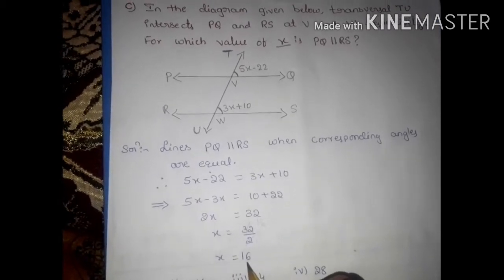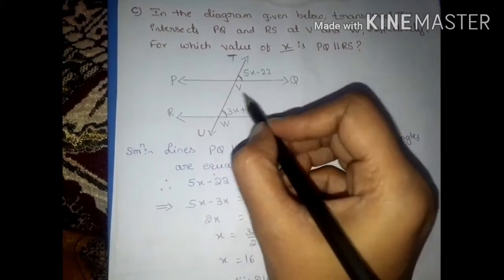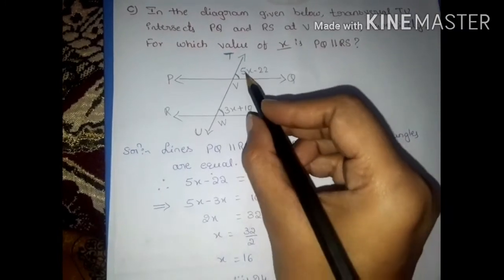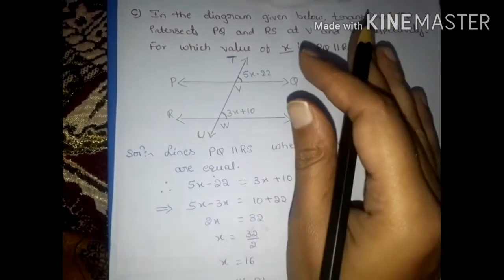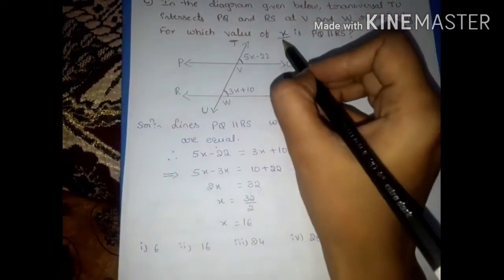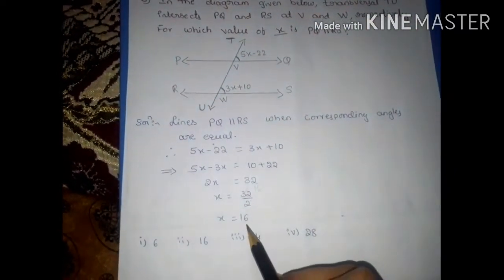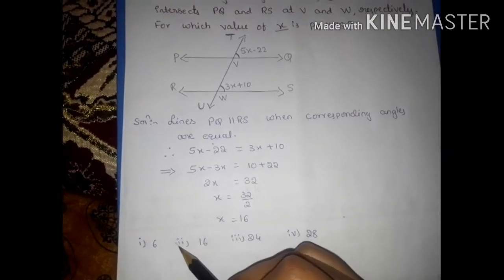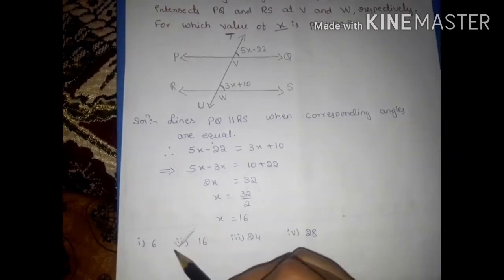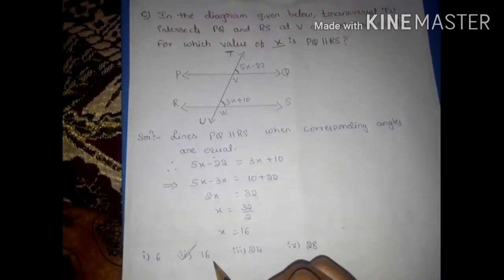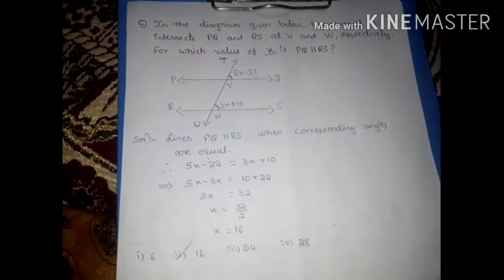If you substitute the x value in these two expressions, you will get the same number. Then these two will become equal. Now the correct option, the x value we got is 16. So the correct option is the second option. 16 is the x value. This is the correct option for the C question.